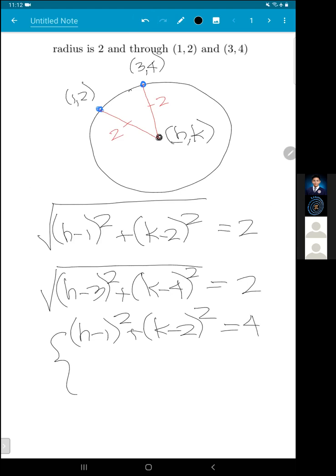Do it also for the second, square it. H minus 3 squared plus k minus 4 squared equals 4. Don't forget to square the other side. And this is familiar, right? This is just a system of two equations in two unknowns, but nonlinear. In fact, both equations in the system are nonlinear.